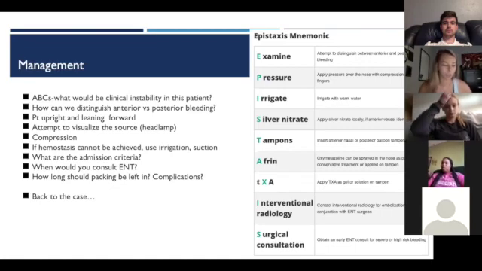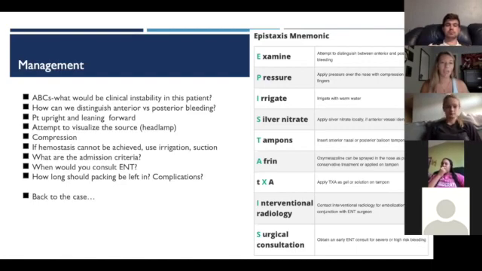Also, if the patient has specific hematologic complaints, like if they have hemophilia or hereditary hemorrhagic telangiectasia, then those things are really important for you to contact ENT for.